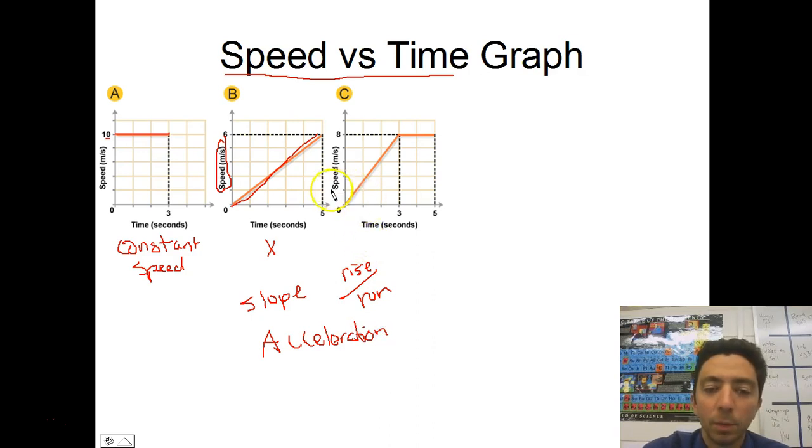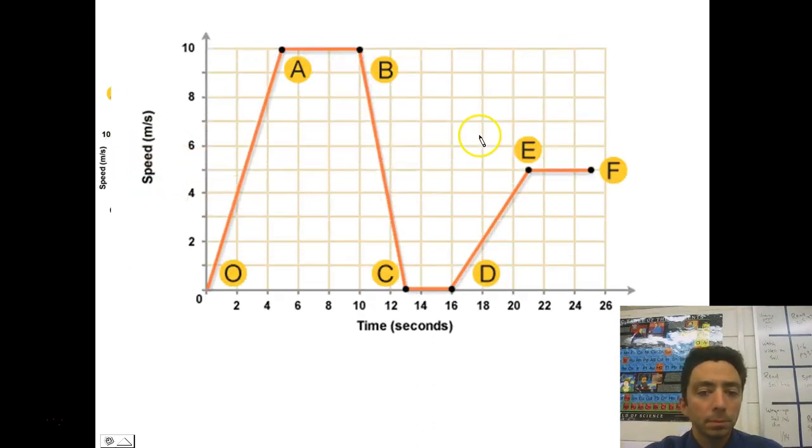This graph here would show you an example of something that accelerates up until it gets to 8 meters per second, and then it holds at a constant speed at 8 meters per second. Again, you may see a section of a graph that looks something like this, and you might want to find the acceleration at any given ones of these points. Notice that we have a negative slope like we have between B and C. That's a deceleration. It's slowing down here.